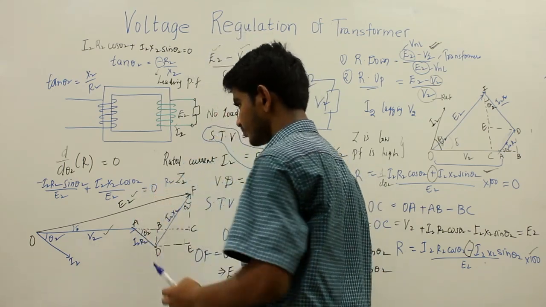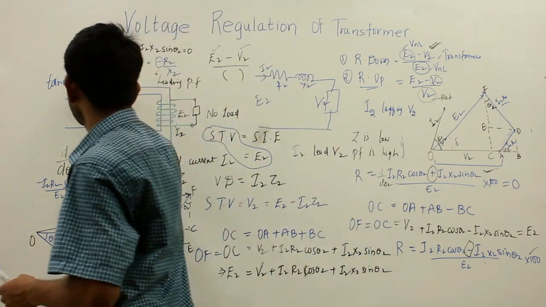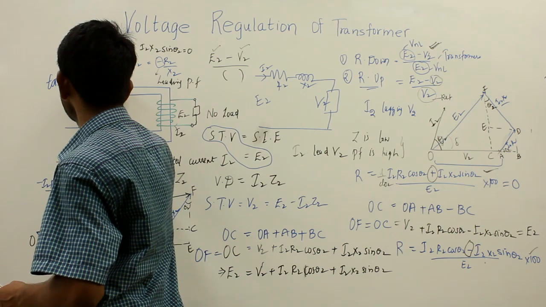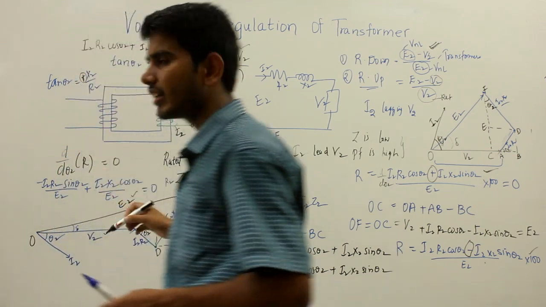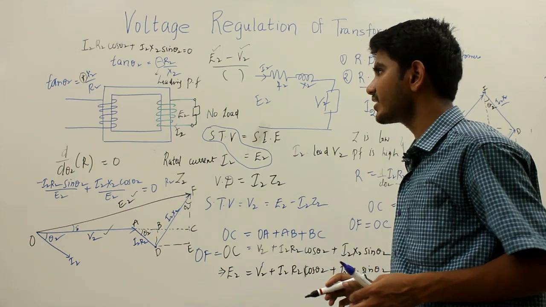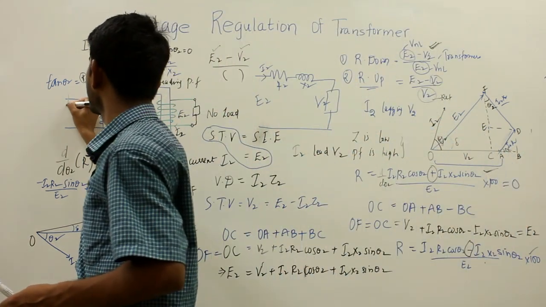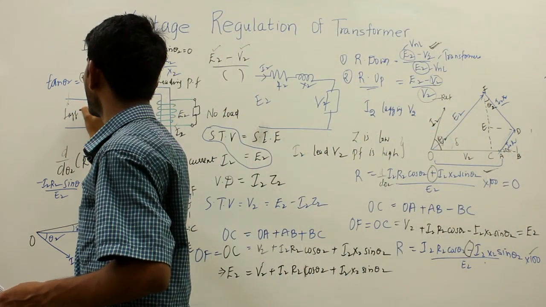From here you can see there is a positive sign, and this positive sign indicates that the maximum voltage regulation takes place at a lagging power factor.